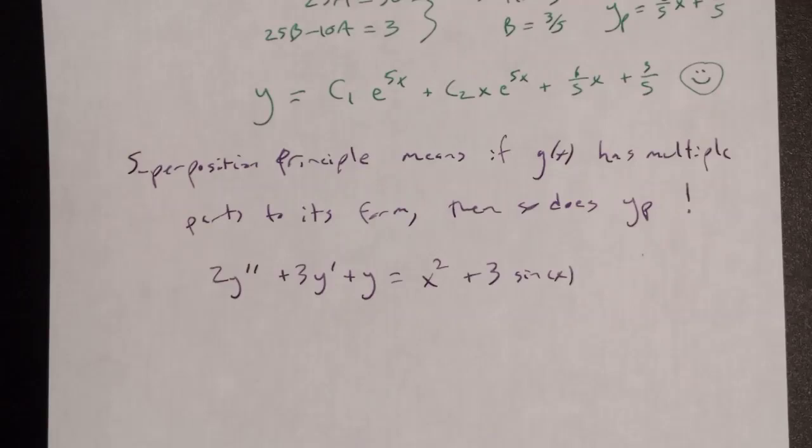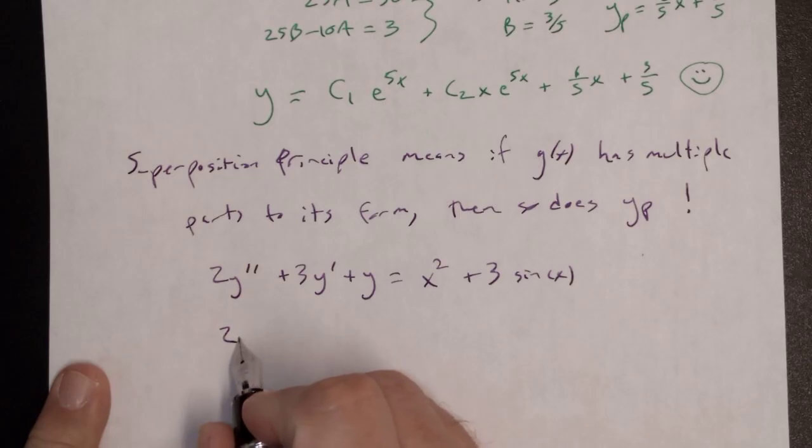Let's ignore for the moment the complementary homogeneous equation and the yc part. Just for a second, let's only worry about the yp. Actually, you know what? No, let's go ahead and do the yc part. So first thing I have to do is solve the complementary homogeneous one.